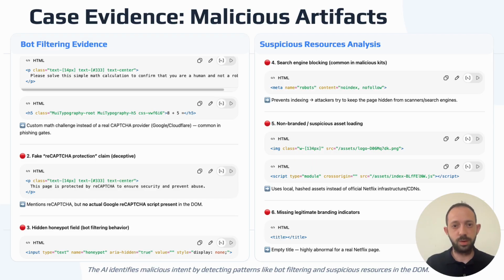And of course, the AI explained every artifact in one line, so if I don't need a deep dive analysis, I can go back to the one line, which explains why this is a Netflix phishing domain.